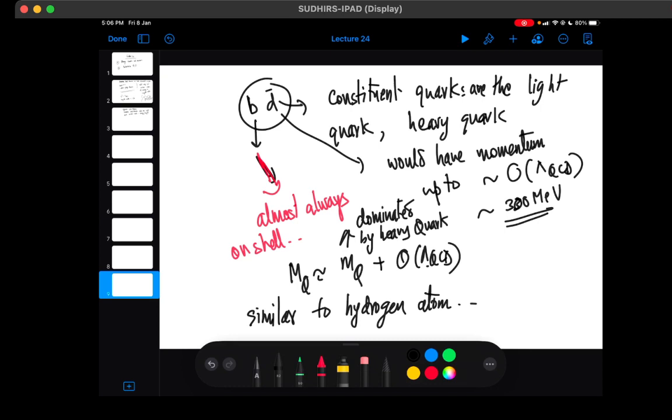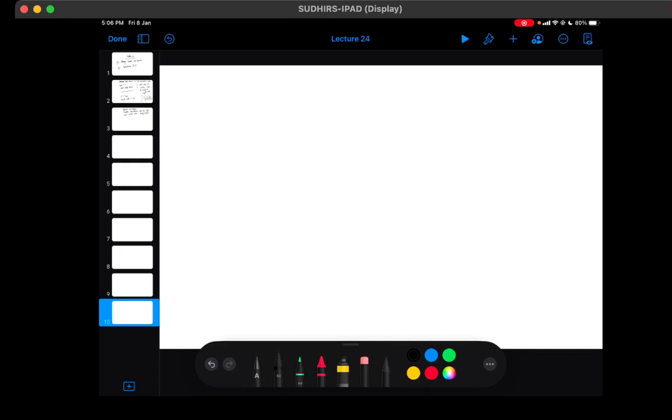So any addition to its momentum would be very small, as long as it's inside the baryon or the meson essentially. In such a case, you can use simple things like the momentum of the heavy quark, pQ, equal to mQ times v, almost like a non-relativistic case, plus k.